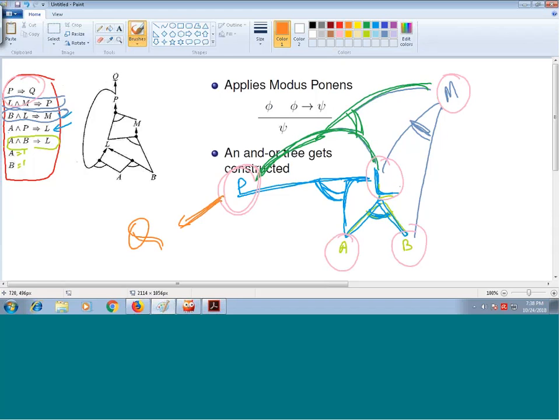What you know is that this thing is green, meaning this thing is given to you, and this thing is given to you.